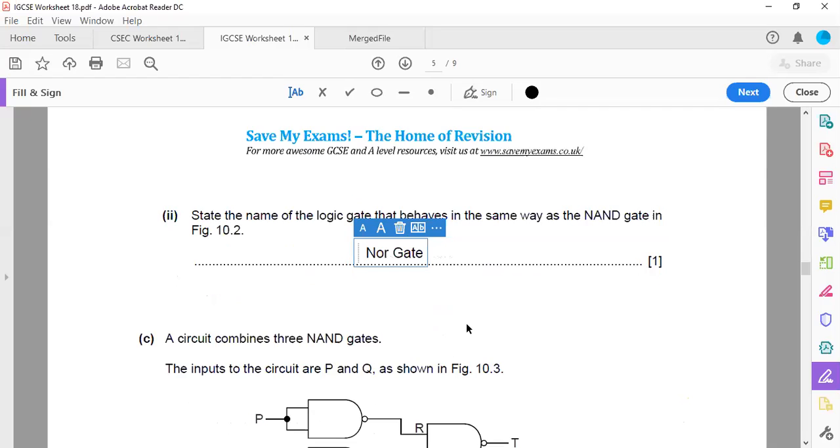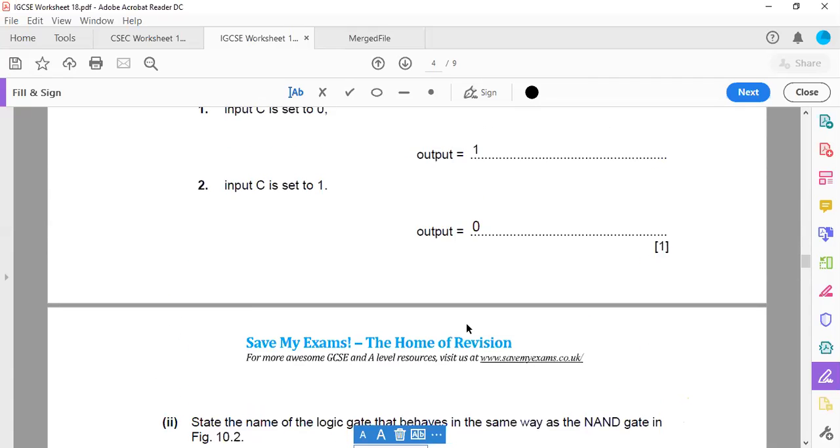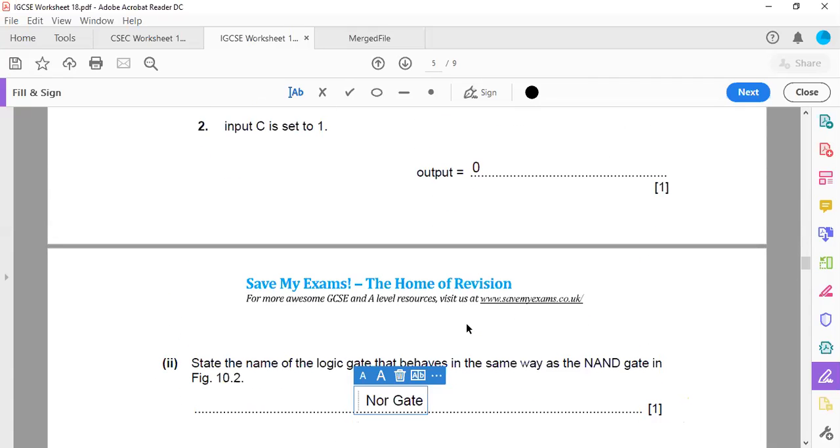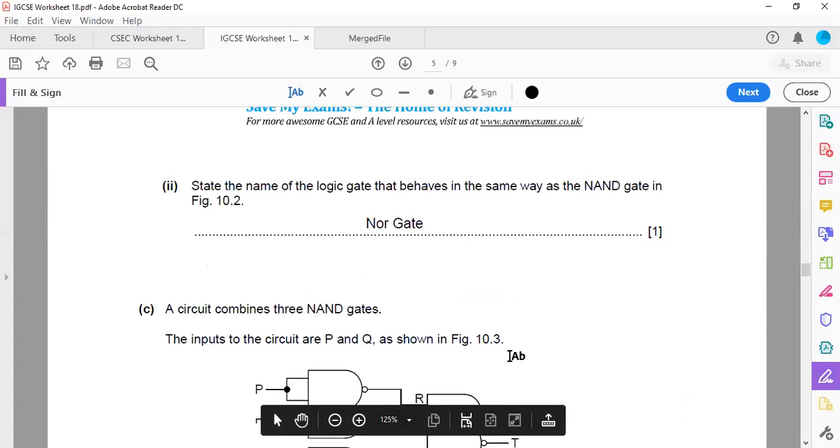A NOR gate should be your answer for that one. Everybody understand this part, part 2 that I just did about the NAND gate? Good. Excellent. So moving on.